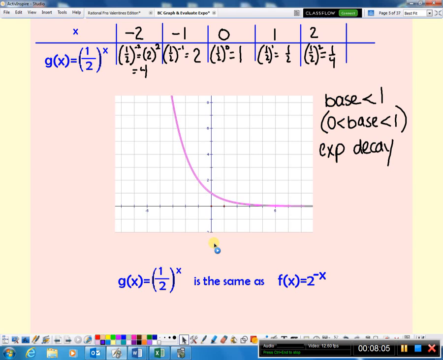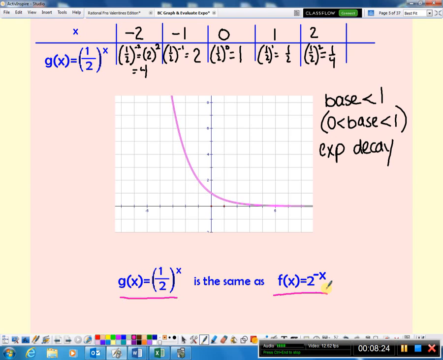The other thing I want you to see is that if g of x equals 1/2 to the x, you could also look at that like it's 2 to the negative x power.